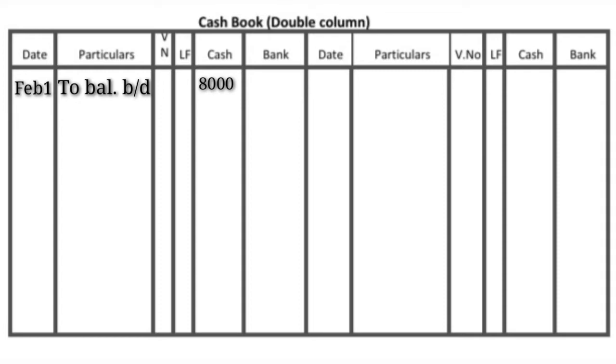Here we have already written balance brought down in the cash column 8,000, so for the bank opening balance also 6,000 we don't need to write a separate balance brought down. We can enter the amount here in the bank column, rupees 6,000.